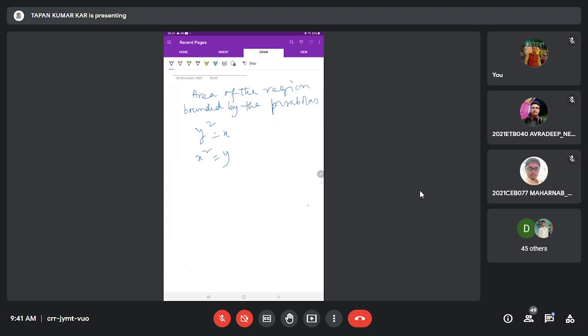This is the question. Find the area of the region bounded by the parabolas.